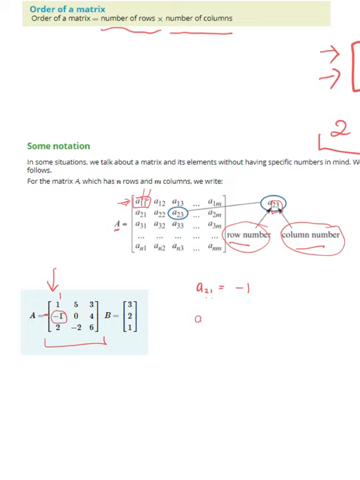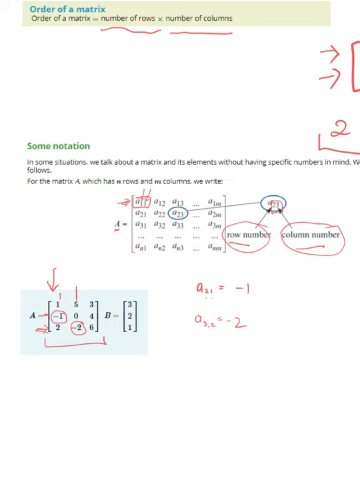What about the element in A3, 2? So A32, so now I'm in row 3, so this row down here, and I'm in column 2. So where they meet is there, so it's -2.